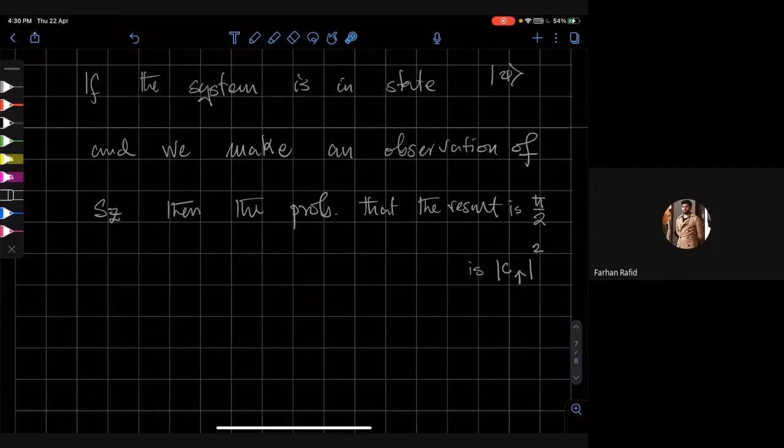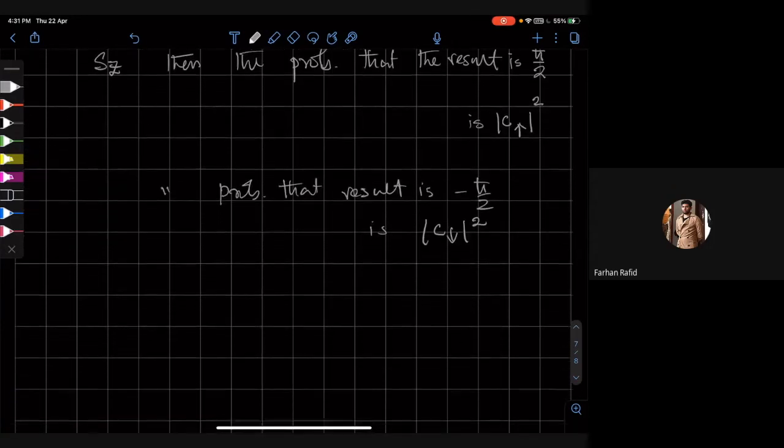And if, on the other hand, the result is minus h bar by 2, the probability is going to be given by C down mod squared. Okay.